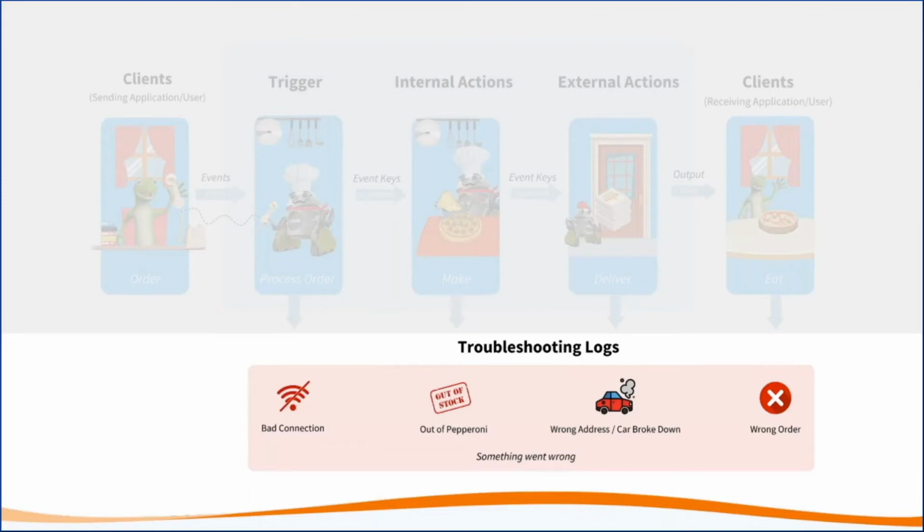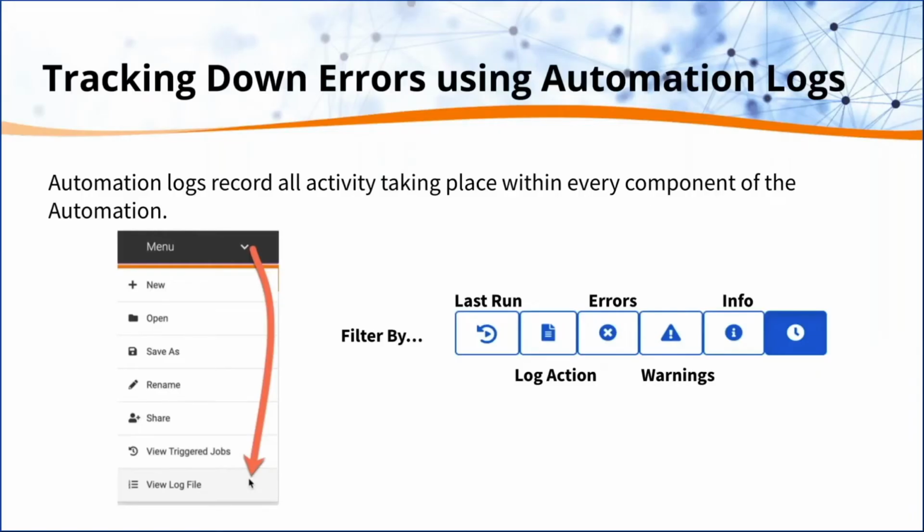So to troubleshoot anything in FME, we have to turn to the log files. You can think of the log files as the equivalent of the tracking feature when you place an online order. Every automation in FME Server has a log that records the complete history of every event that is taking place.